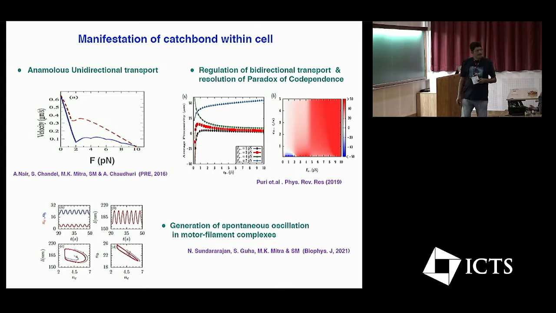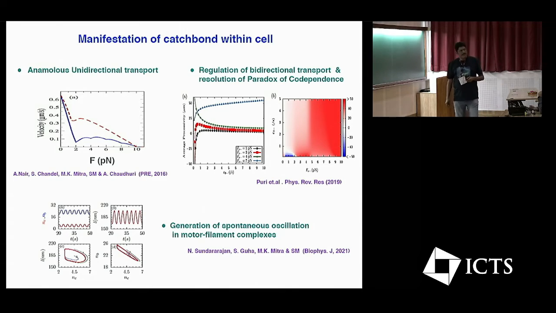For instance, if you're thinking of transport of a cargo by this kind of catch-bonded motors in the context of unidirectional transport on a microtubule filament, then you can have this anomalous behavior where, as a function of increasing constant load force, for a certain regime the velocity can actually increase even when there is an opposing load force. Similarly, in the context of bidirectional transport, it can lead to very non-trivial behavior.